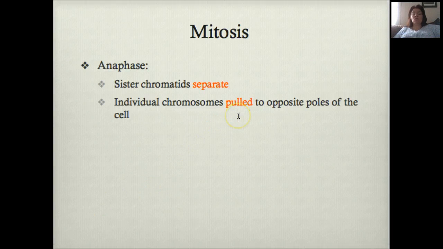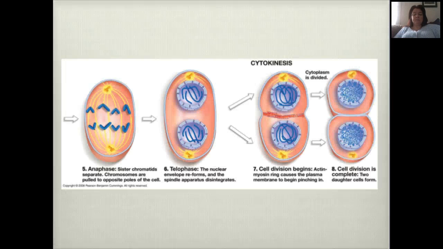Individual chromosomes will be pulled away from their partner's chromosome, away from their sister, and to opposite poles of the cell. Now your textbook shows it like this. It shows it like these little V's being pulled away from the center. This set will be pulled up to this pole, and this set will be pulled down to this pole.